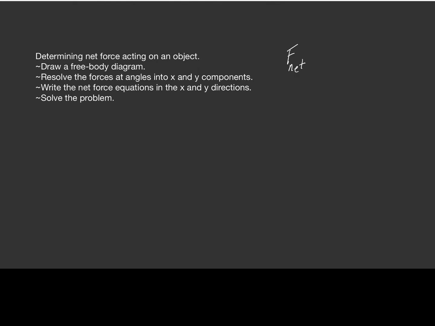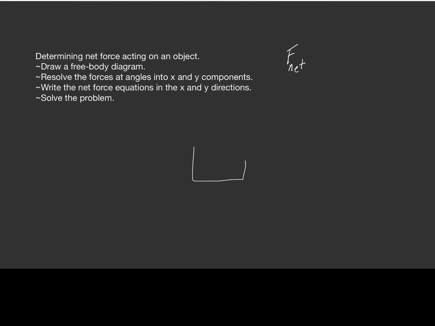Since we know forces occur in pairs, we have to resolve a net force on X and a net force on Y, and anything that's left over will be what we call our resultant force, which is the direction that the force is applied, which would then translate into the direction of the motion for the object. So let's just jump in.